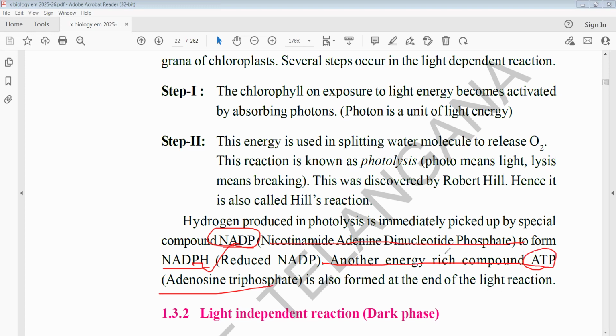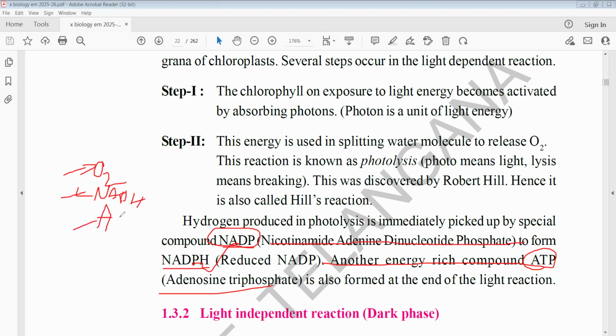So we conclude that in the light reactions, there are three products. There is the splitting of water molecule, which releases oxygen, NADPH is formed, and ATP is formed.